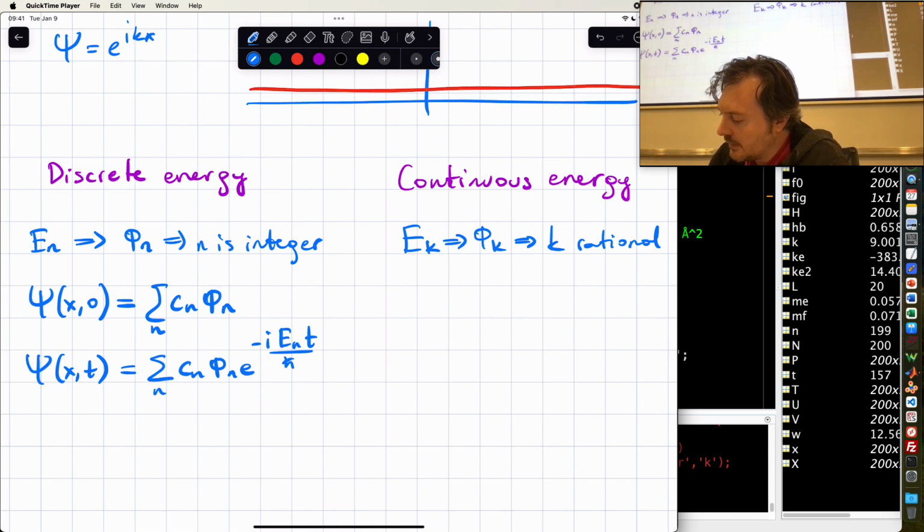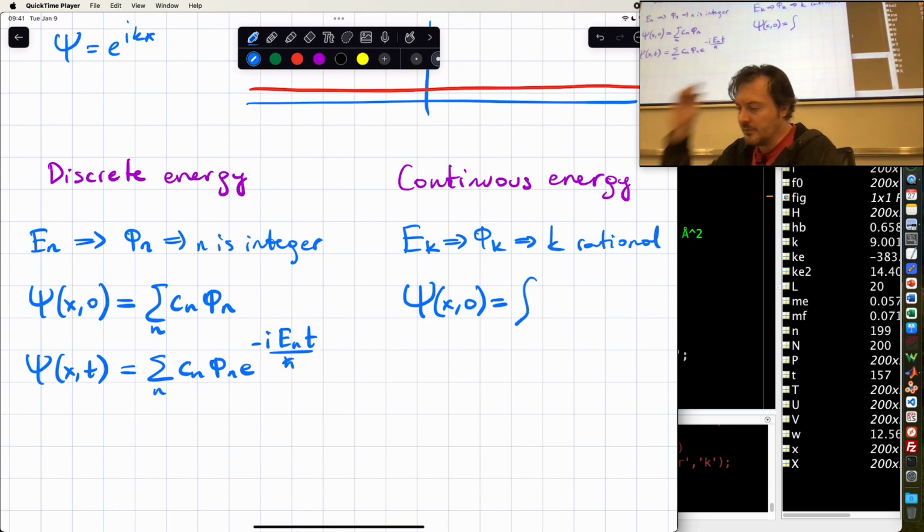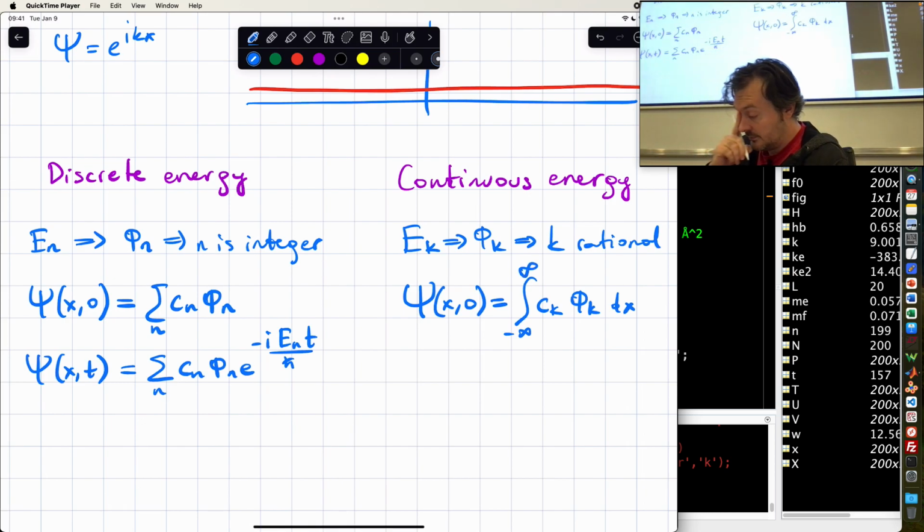The rest is the same. So you define x0, not the same. I mean, you define the starting point in terms of these coefficients, c_k phi_k dk, from minus infinity to infinity, right?